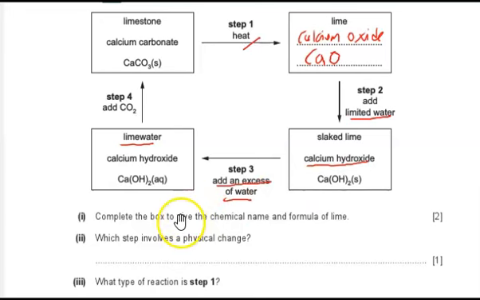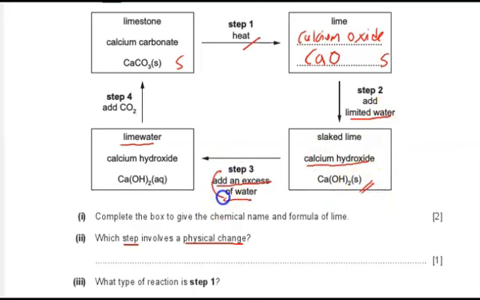Complete the box to give the chemical name and formula for lime. Which step involves a physical change? Physical change. Here is a solid. This is also a solid. Add limited water, here is still a solid.